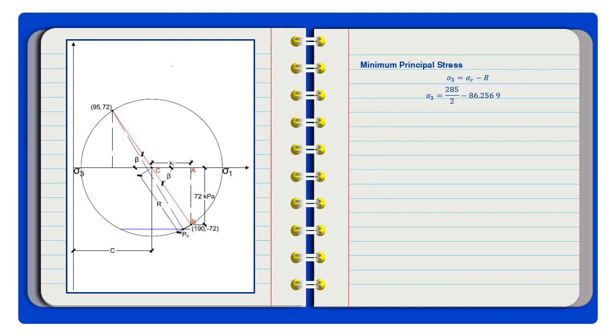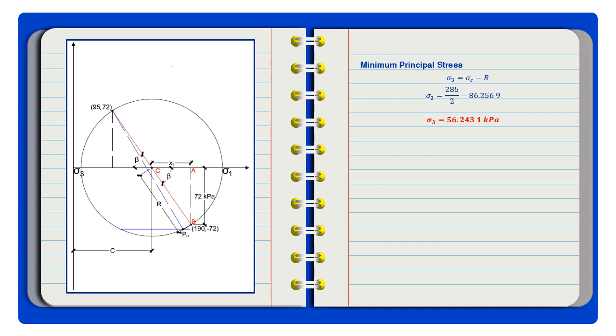So, we will now have sigma 3 is equal to the abscissa of the center, which is 285 over 2, minus yung radius of the circle, which is 86.2569. Calculating that one, we will have the minimum principal stress equivalent to 56.2431 kilopascal.